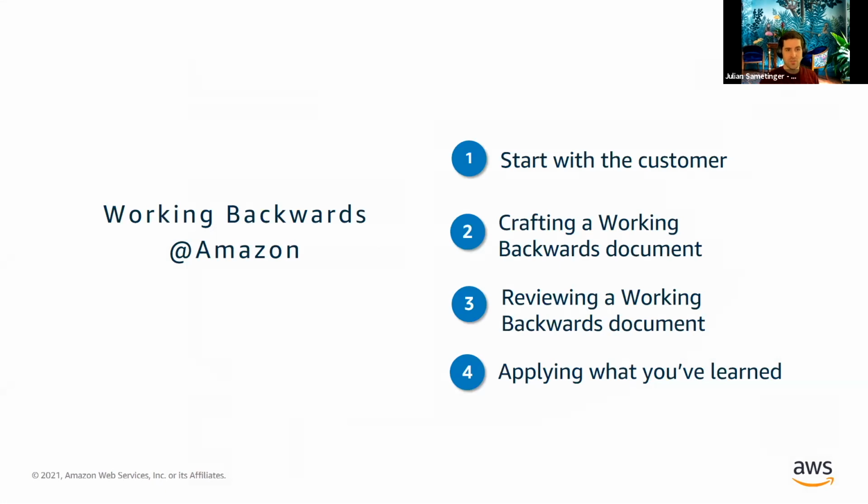Then you review and discuss the working backwards document. And then you launch your application or your product or your service. Typically, for us, the fourth step today is not launching an actual service, but applying what we've learned and trying to give this process a try ourselves.